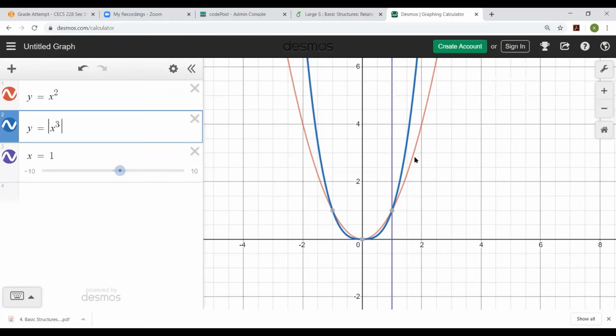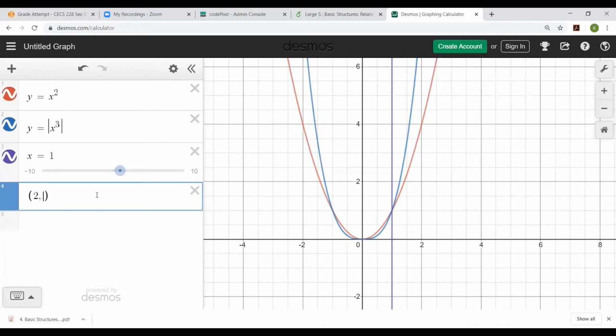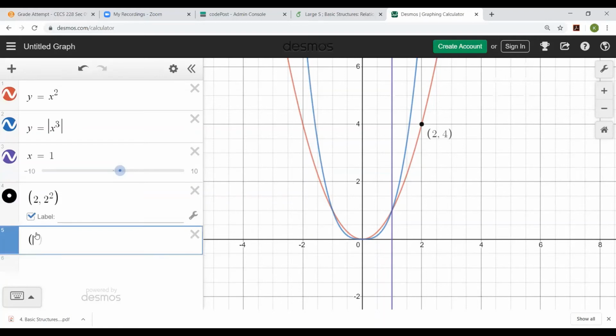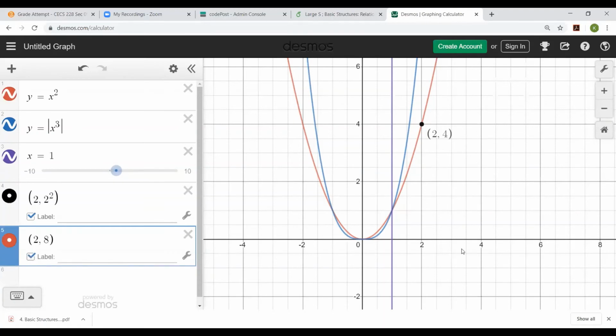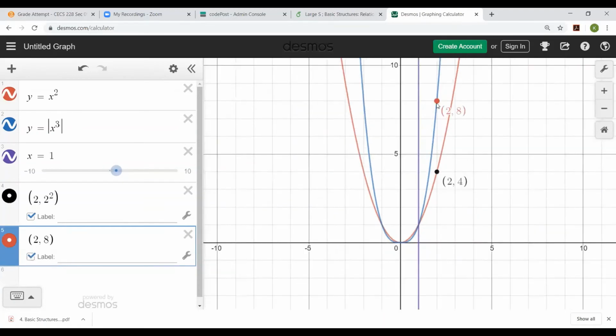For instance, if I take the value 2, 2 squared is going to be the point (2, 4), versus if I take 2 cubed, which is just 8, I'm going to get something that is much higher. So the absolute value of x cubed is going to be larger than x squared whenever x is greater than 1. So the way that I would express that would be the following. Let me come back to the document.